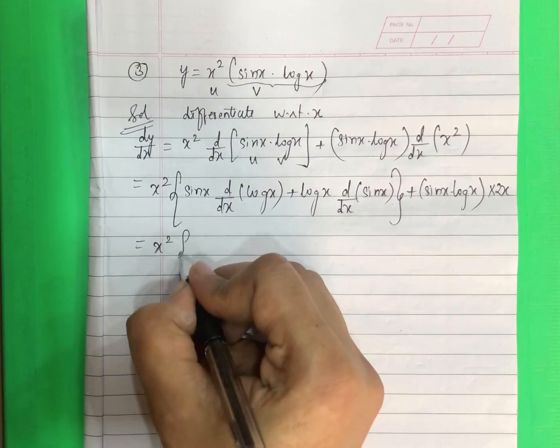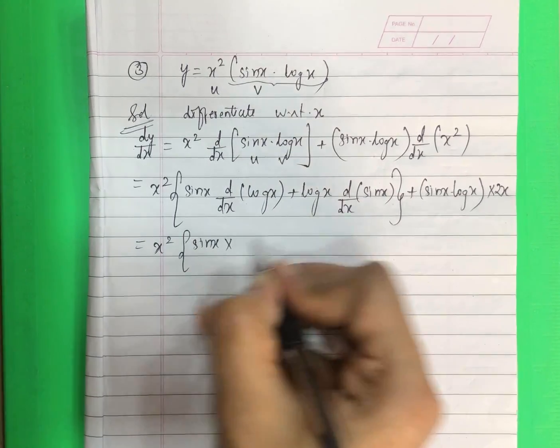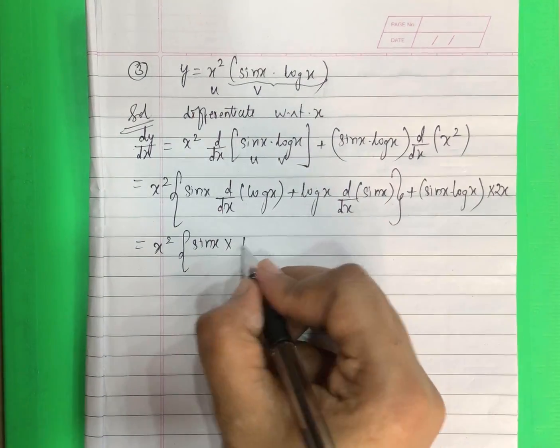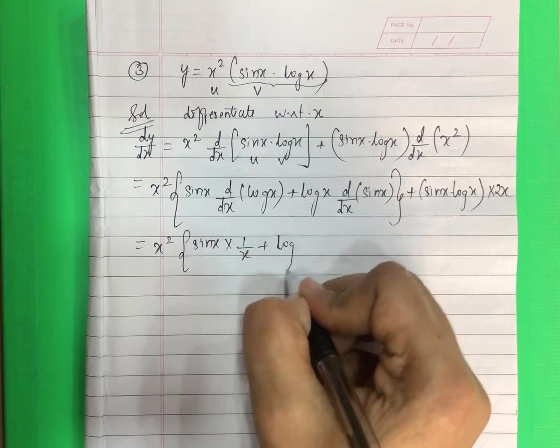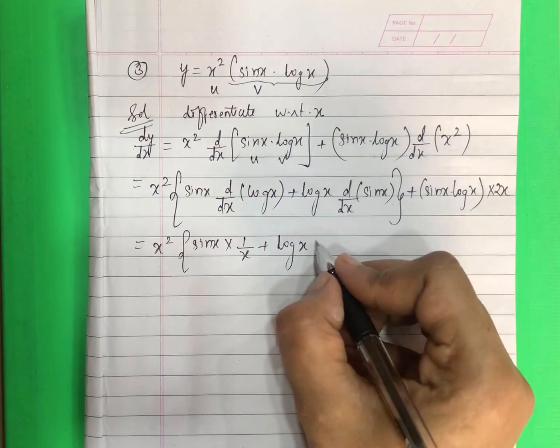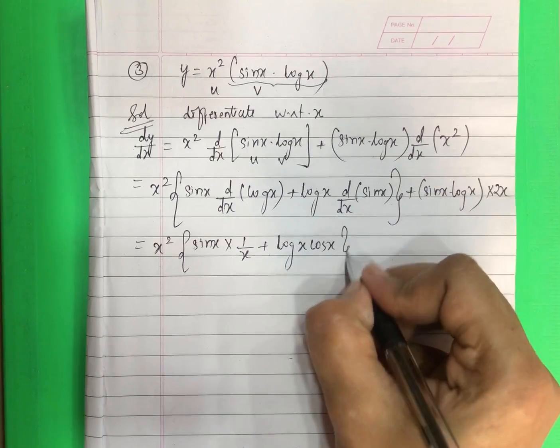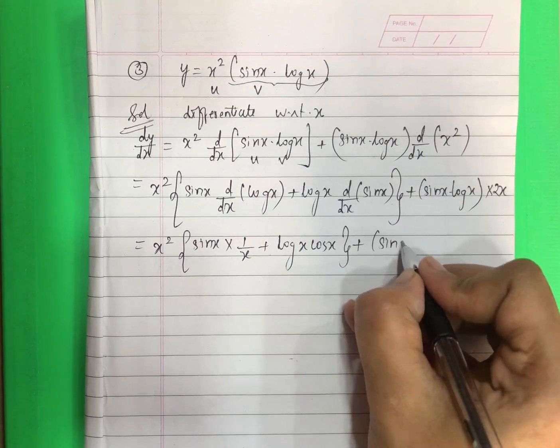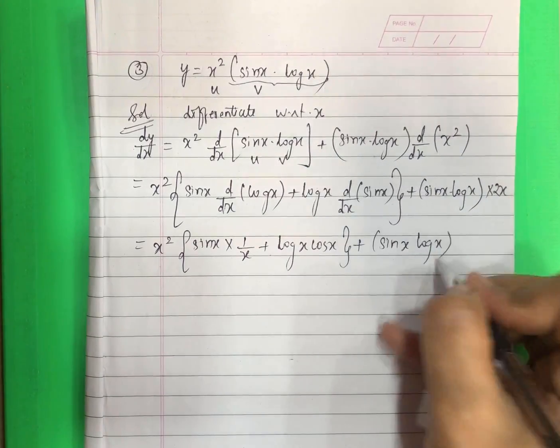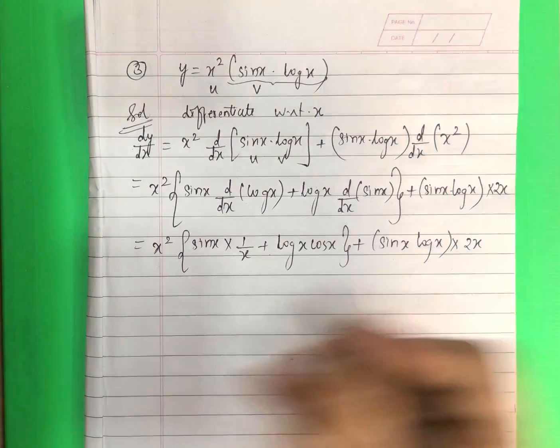So x square sin x into the derivative of log x is 1 upon x, plus log x, the derivative of sin x is cos x, bracket close, plus sin x log x into 2x.